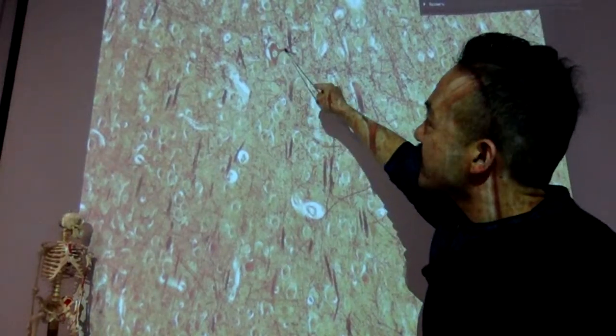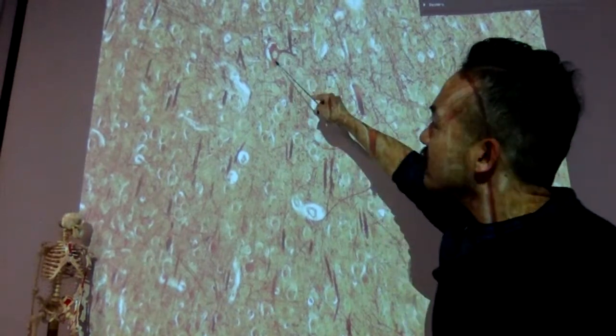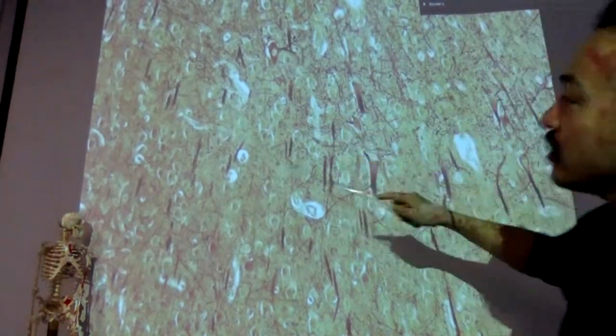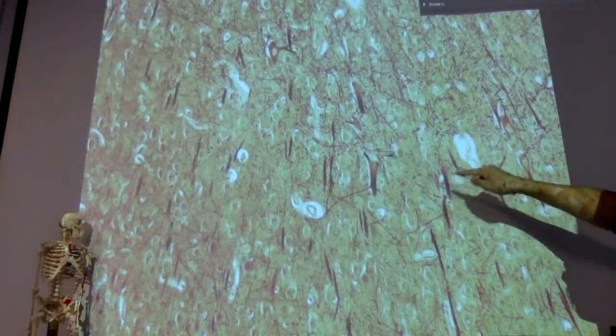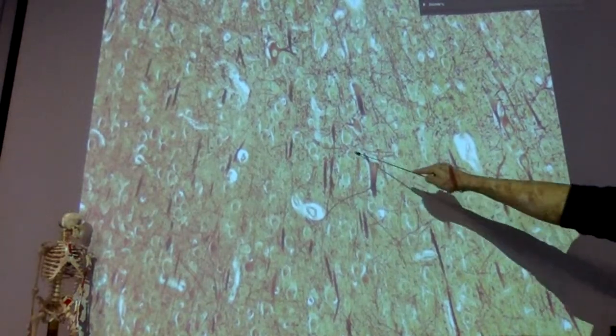You can see the nucleus and its shape right here, dendrites extending out. Cell body, dendrites, axon. They're pretty triangular. The term for these cells is pyramidal neurons. Pyramidal cells in the cerebral cortex, the cortex of the cerebrum.